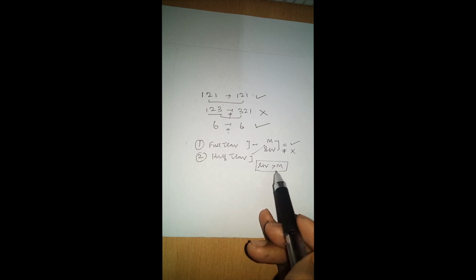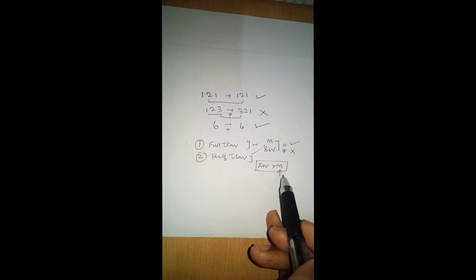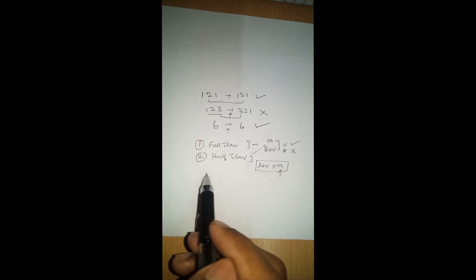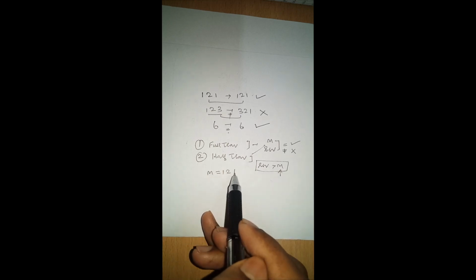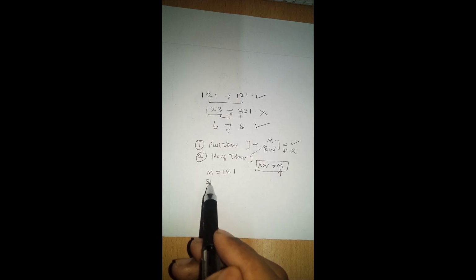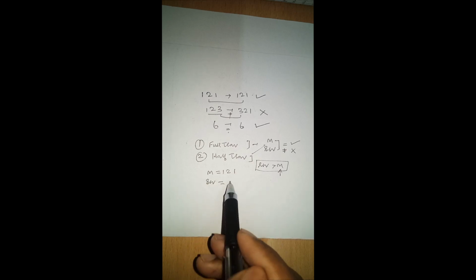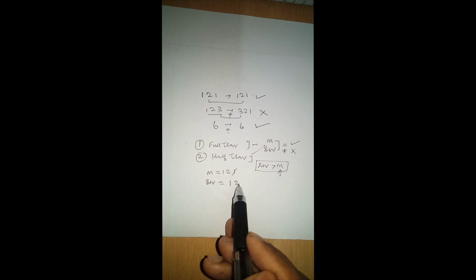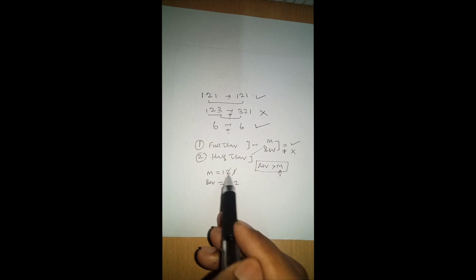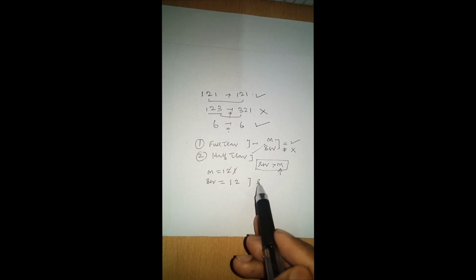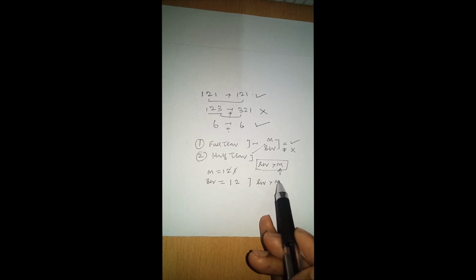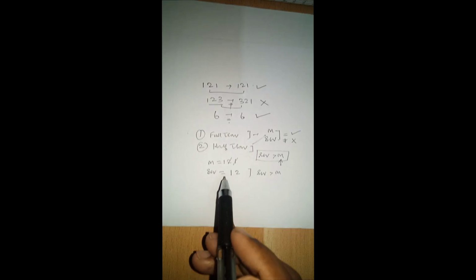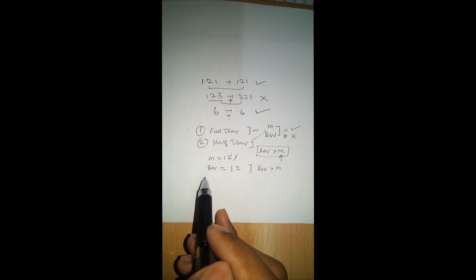But this applies only when our operations are performed on n. What I mean is that while finding the reverse of n equal to 121, in the first step the reverse will be 1, and 1 will be struck out from n. In the second step the reverse will be 12, and 2 will be struck out. So at this point we see that the reverse is greater than our n.